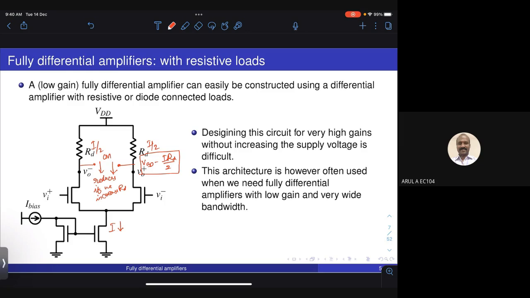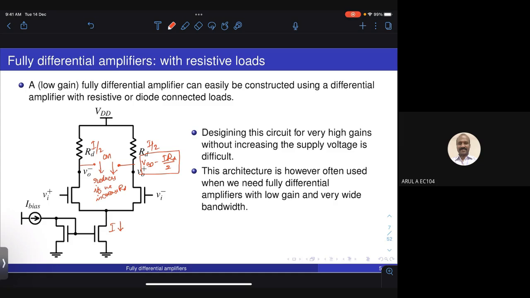If I increase the VDD and also increase RD, then I'll have the same small signal gain gm RD and the same operating point voltage at the drains of the input pair, which will ensure that the transistors are in saturation and still I get the gain that I designed it for. But that comes at the price of using a higher supply voltage.